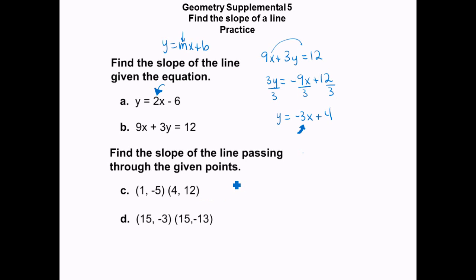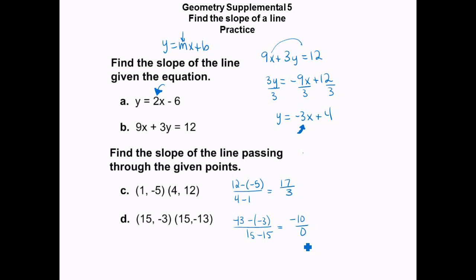So this one I'm going to do 12 minus negative 5 over 4 minus 1, which gives me 17 over 3, which is perfectly lovely. I don't have to do anything to that, I just leave it 17/3. And here I have negative 13 minus negative 3 over 15 minus 15, which gives me negative 10 over 0.